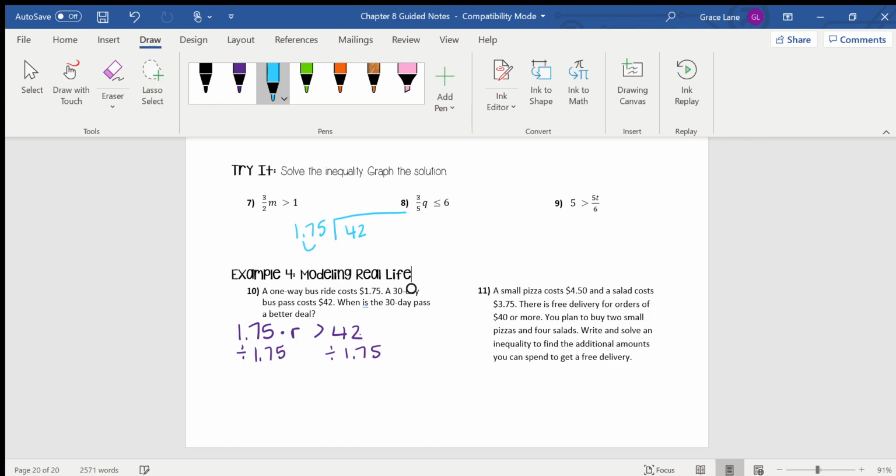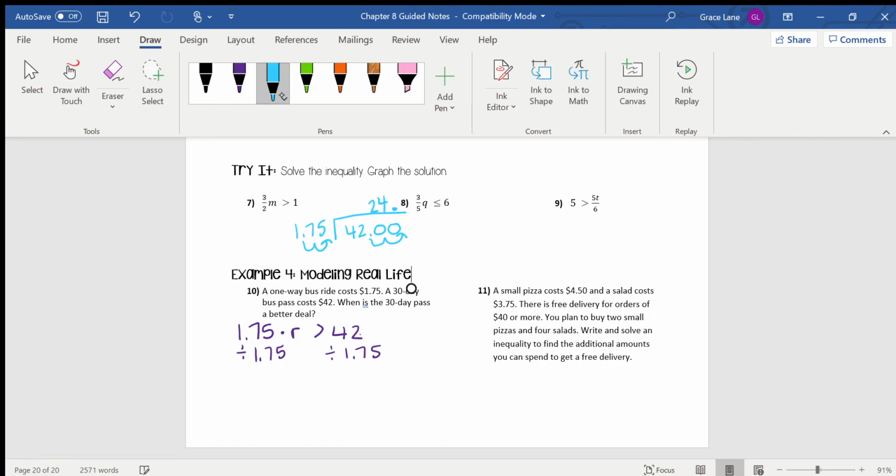I'm going to do my division up here for you. So to divide decimals, remember to move your decimal point 2 spots. Add some placeholders. You can check if you want. I'm just going to tell you that it goes in 24 times exactly.